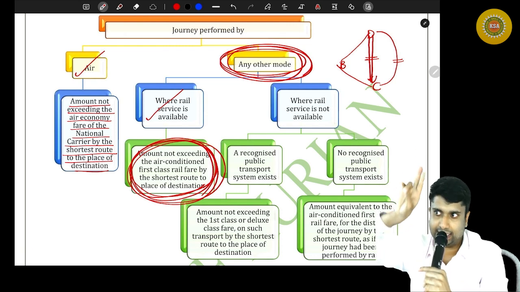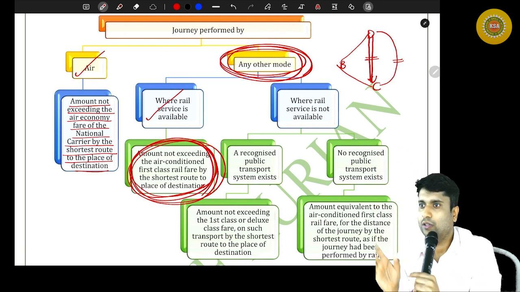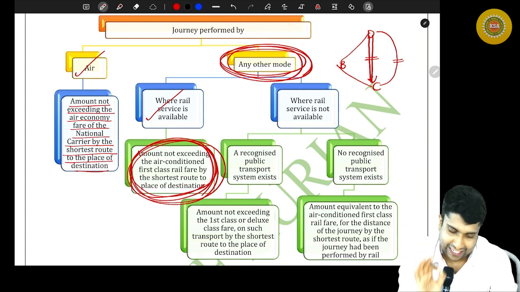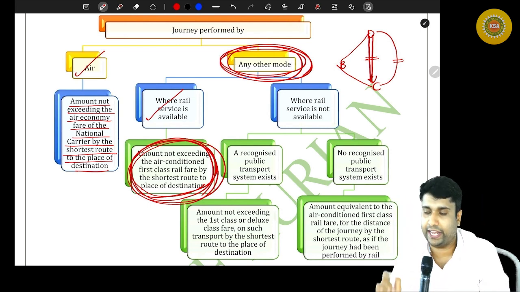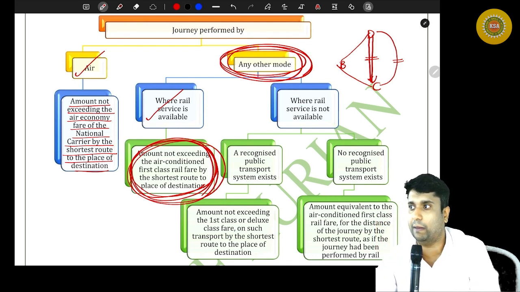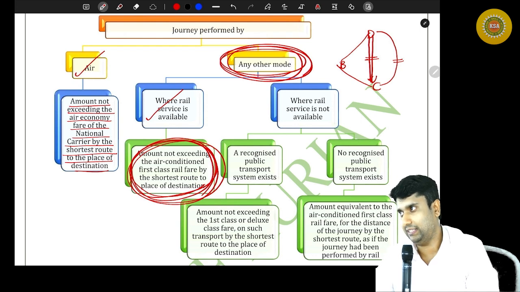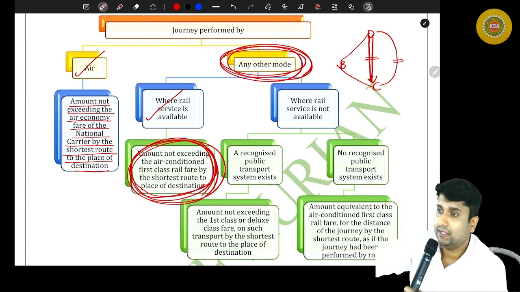The answer is yes, Delhi, Chennai, there is a train. In that case, check what exactly the first class AC fare of the train ticket from Chennai to Delhi and back is. That is the maximum exemption. The entire petrol cost, which is reimbursed by the employer, you will not get as exemption.